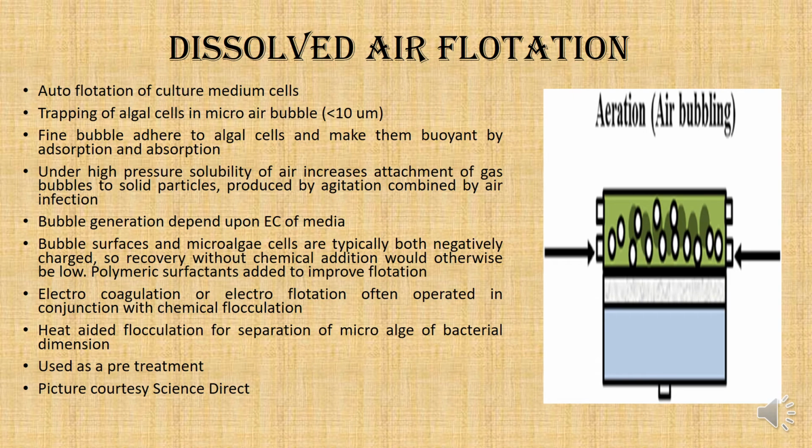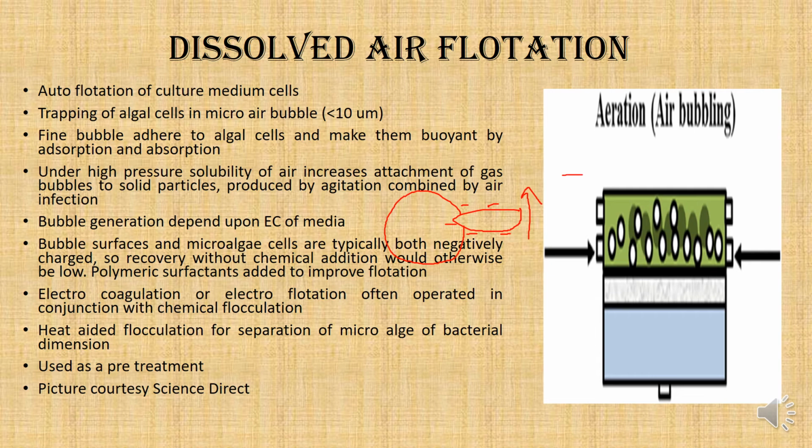Now we see dissolved air flotation. If this is an algal cell, it has negative charges and so they repel each other, but these algal cells can hitchhike on any large bubble, rise to the top and form a surface layer.